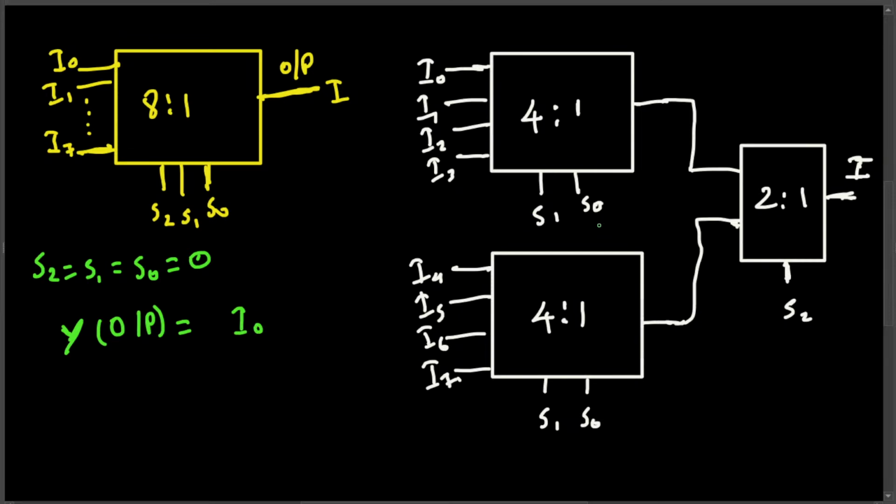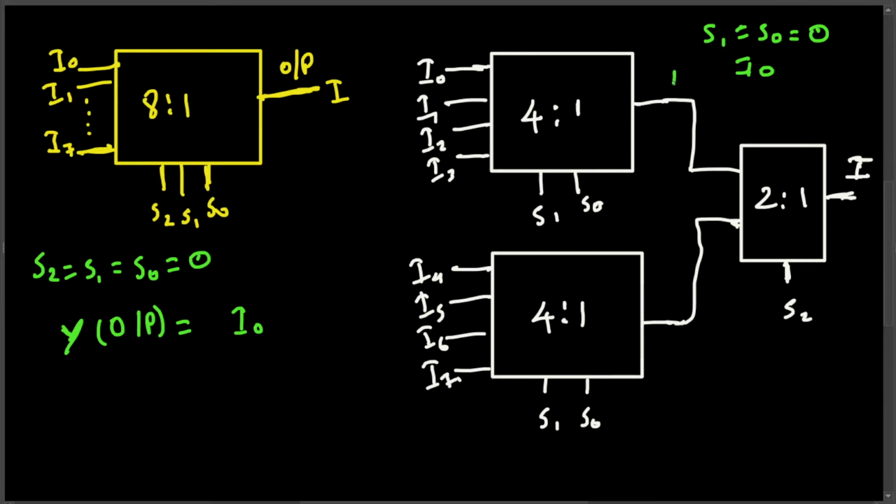Now let's see if the same happens for this. Here also in the 4x1 multiplexer, when it's 0, it's going to select the first one. S1 and S0, if both of them are 0, it's going to select the first one, that is I0 in this case.